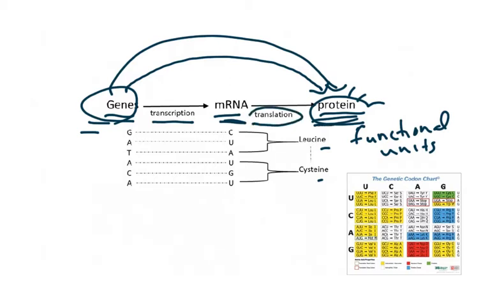So this is called translation because here we're actually changing from nucleotides, which are RNA, to amino acids, which is a protein. And when we do this, we're going to be using basically a Rosetta Stone. It's the genetic code.